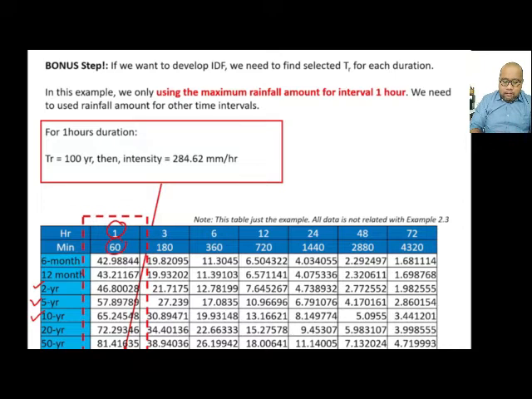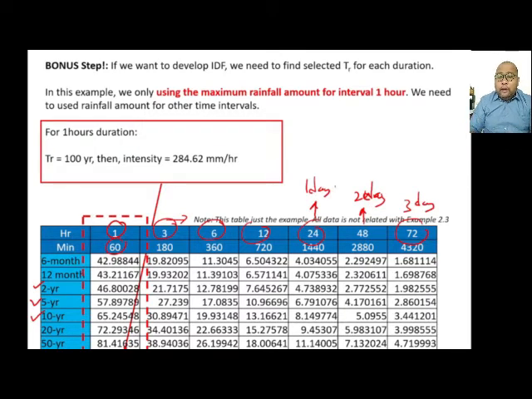So you can get this sort of table. And then as you can see on the right side of the column, you have 3 hours, 6 hours, 12 hours, 24 hours, until 72 hours, which is 3 days. This one, 48 hours, is 2 days, and this one is 1 day.